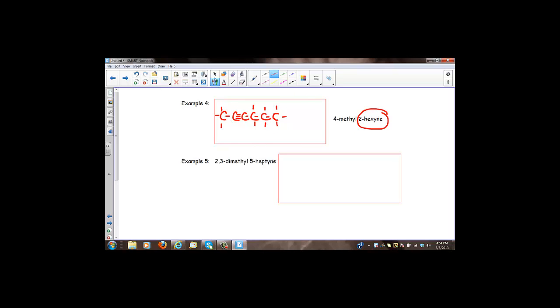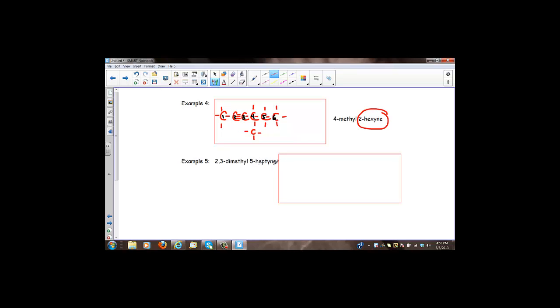So we numbered this 1, 2, 3, 4, 5, 6. They said that this was off the number 4. So we have a methyl group. Doesn't matter whether you put it on the top or the bottom, because you're drawing a three-dimensional object two-dimensionally. There we go. That's correct.